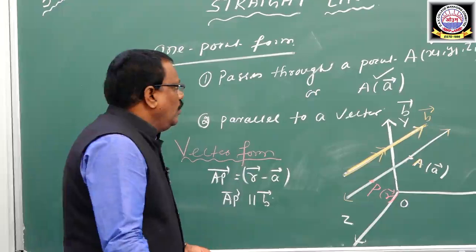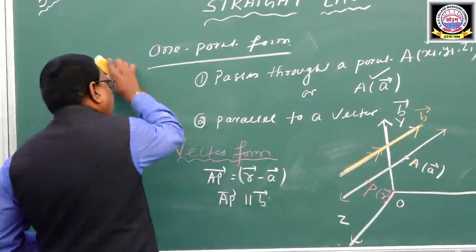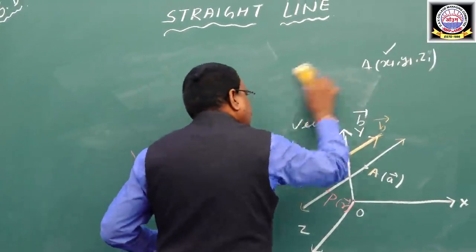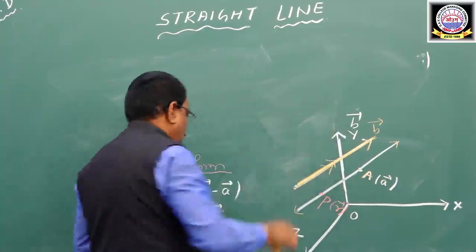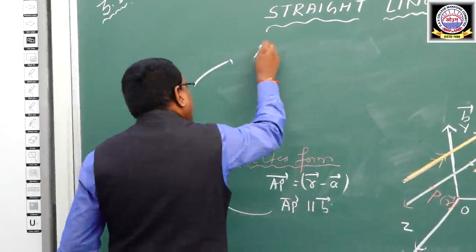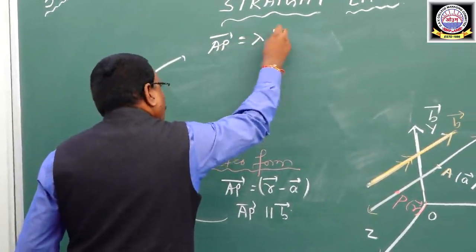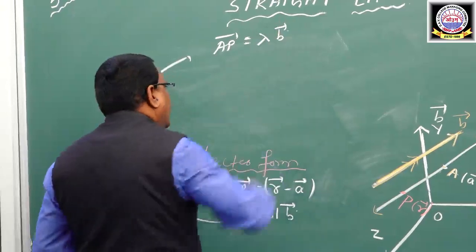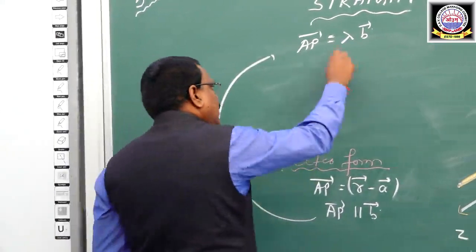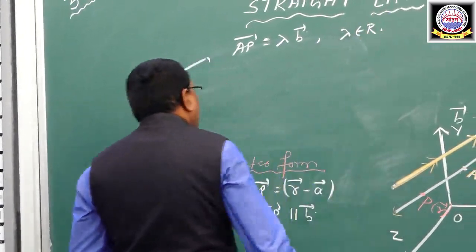And we know, if two vectors are parallel to each other, one will be a scalar multiple of the other. So I can write AP vector is lambda times B vector, where lambda is a scalar belonging to any real number.